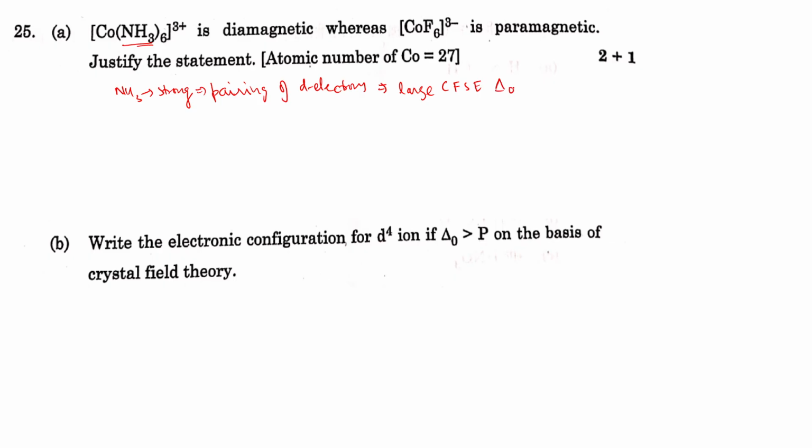What does it mean? That means delta O is much larger than pairing energy. So electrons prefer to get paired, and when electrons are paired, it becomes diamagnetic. So we can write electrons are paired. That means it is low spin or diamagnetic.